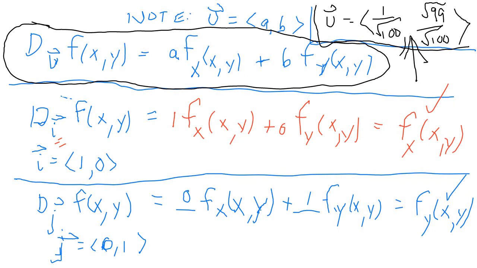The partial derivative of f with respect to x, or with respect to y? That's right, Ryan. The partial derivative of f with respect to y, because the b is so much larger than the a. The b is the square root of 99 over square root of 100 component. The a is 1 over the square root of 100.